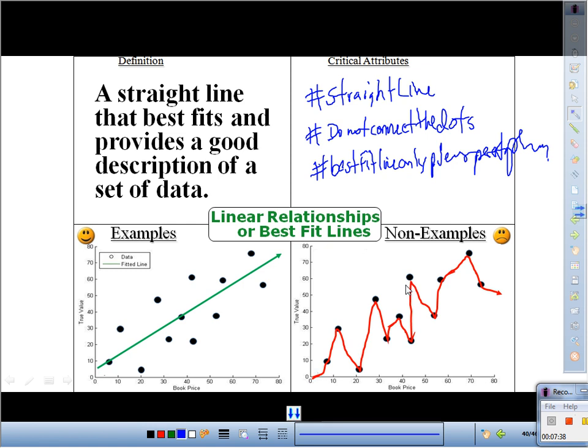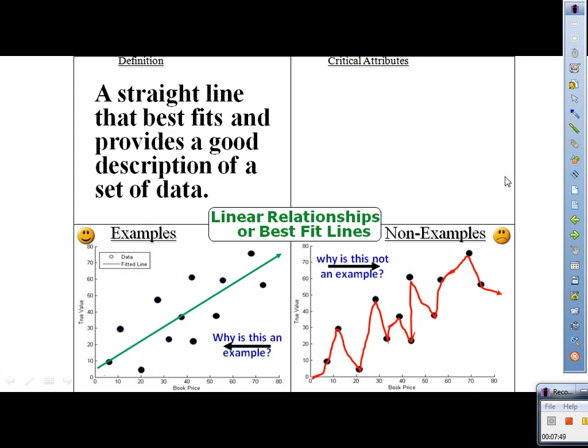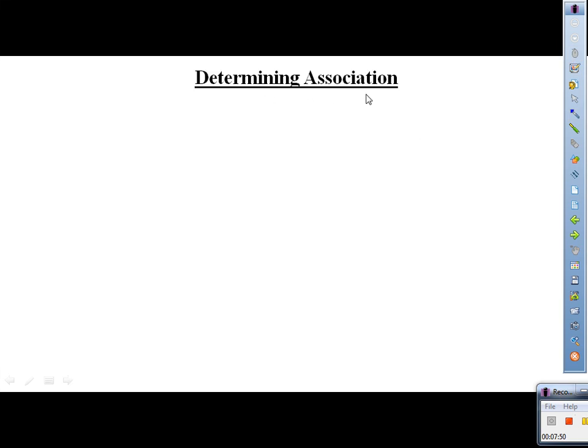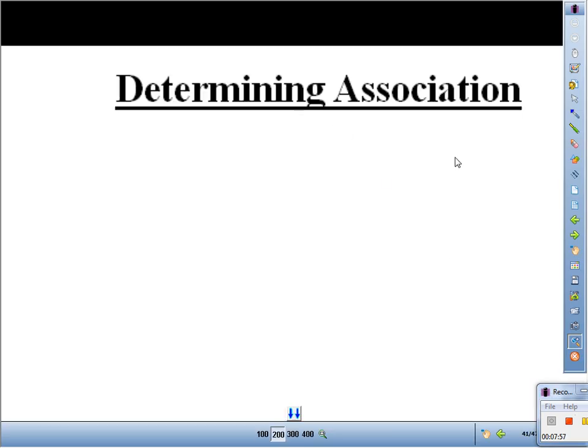Okay, we got this, yes? All right, next. Underneath your graph model, I want you to write the following. Determining association. Let me zoom in.